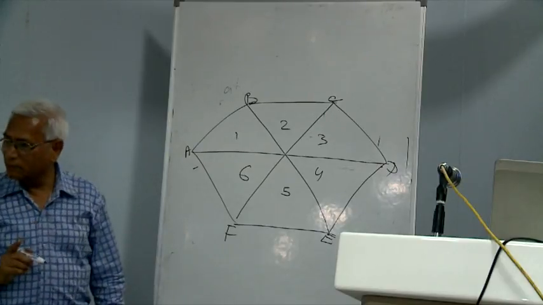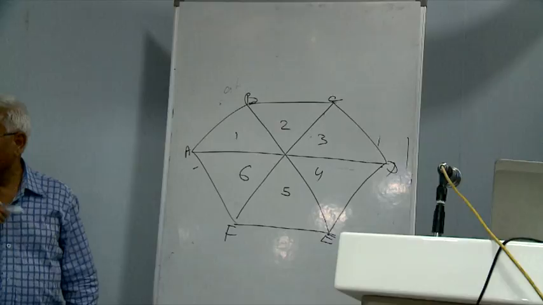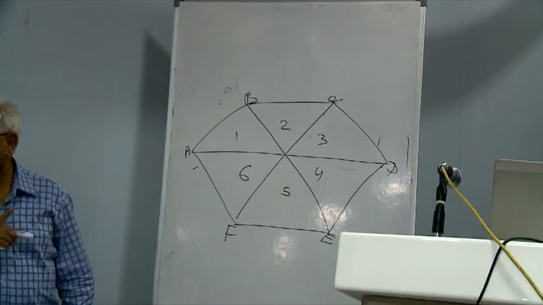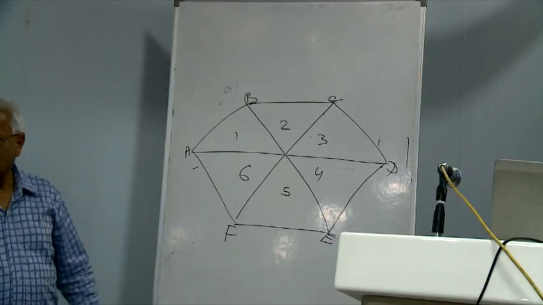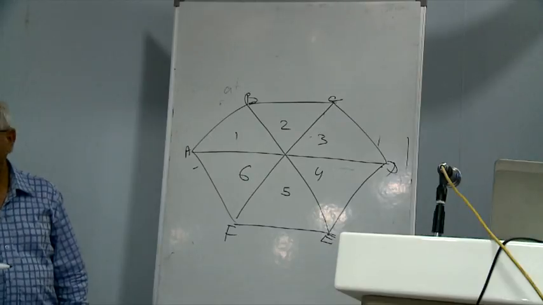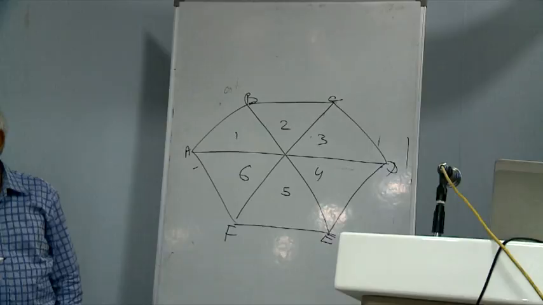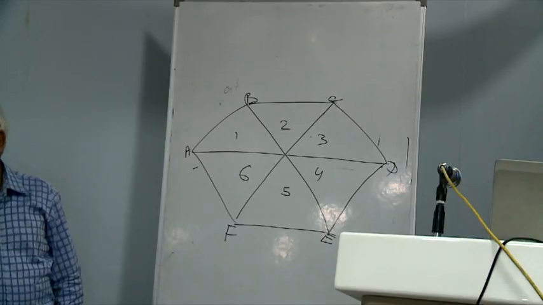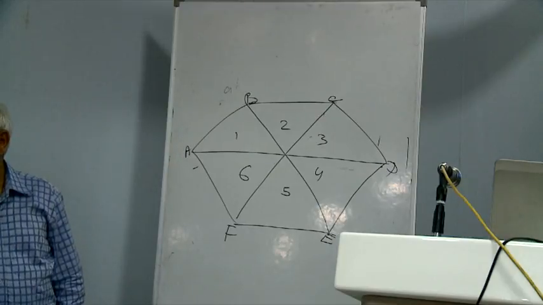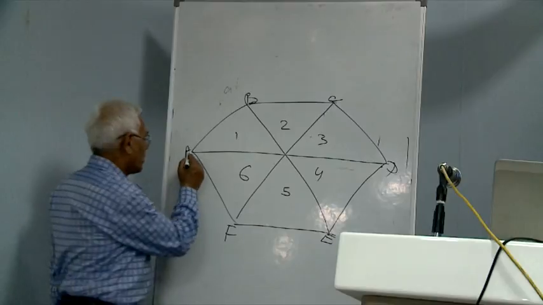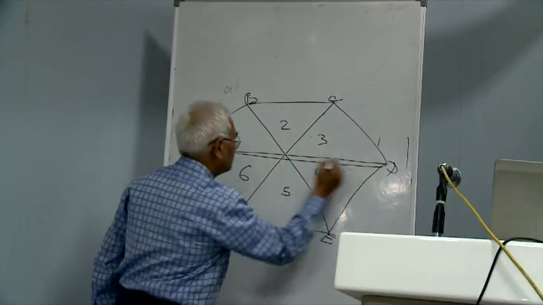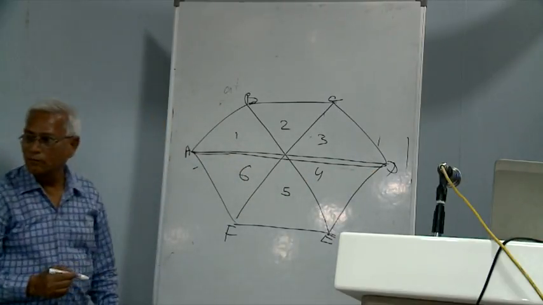Connect any 2 lines that are passing through the hexagon. That is called the dipole. Take any 2 lines passing through the cell, take any names, and I will make that dipole. Suppose I take this A and D. Understand?